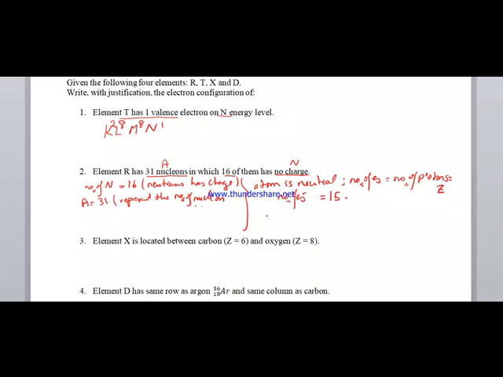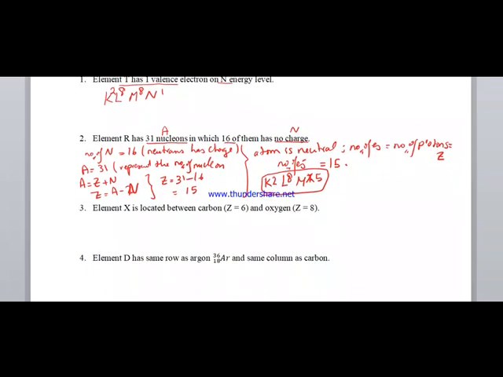Then the electron configuration is K2, L8, M5. This is the electron configuration of the second element R.